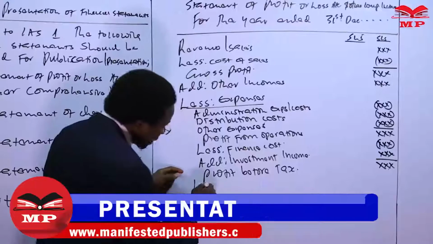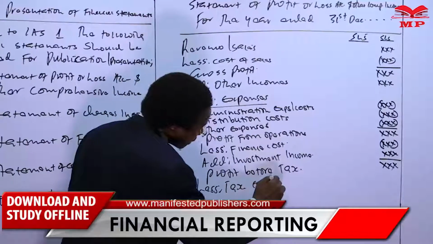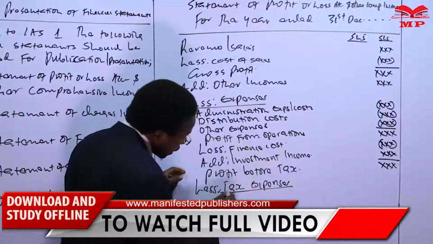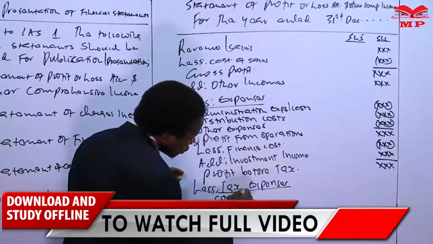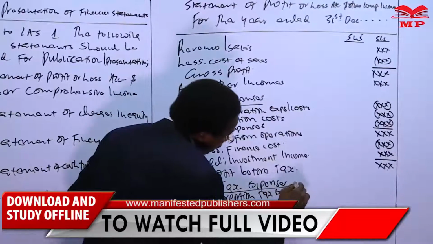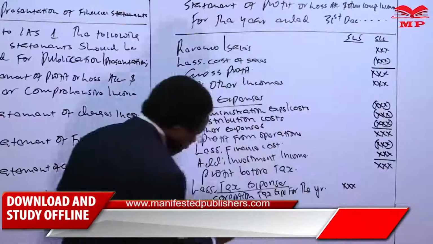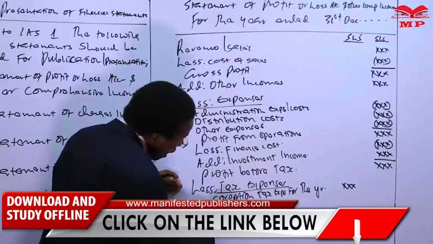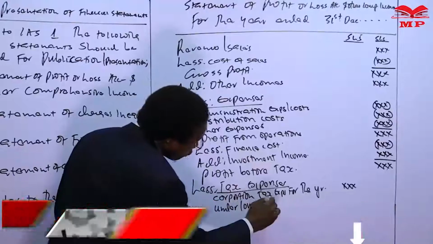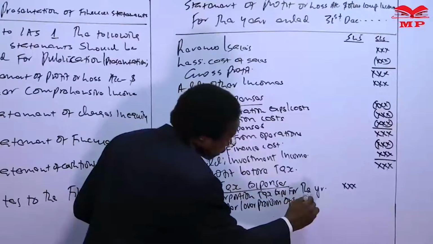Then we less the tax expenses. One of the tax expense components is the corporation tax expense for the year. So you recognize it here. Then you may have an under or over provision of tax in prior year.